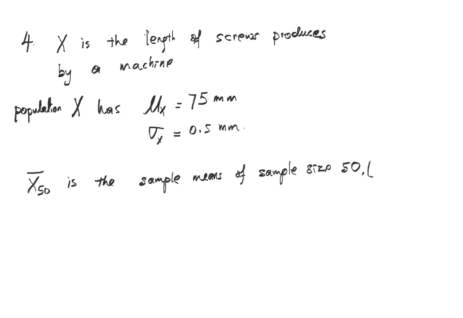If you put in bracket, randomly selected what? 50 screw. The mean of randomly selected 50 screws. Correct? So that is the meaning of x bar 50.